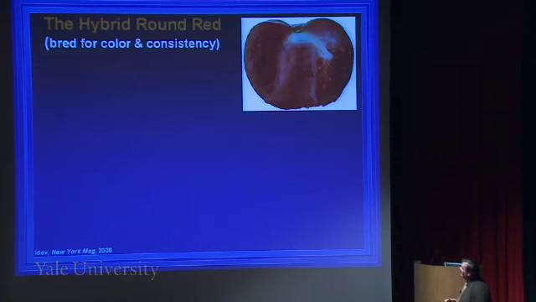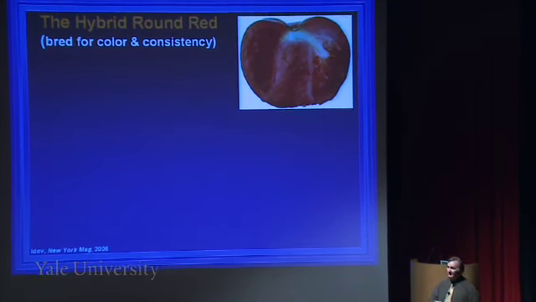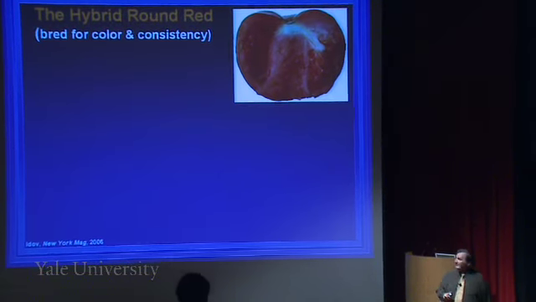The hybrid red is bred not for taste necessarily, but for color and consistency, because it would be great if you could have a tomato that had all the right properties. But in this case, taste yields in the breeding process to color and long shelf life, so they can be transported long distances. But here's what happens.